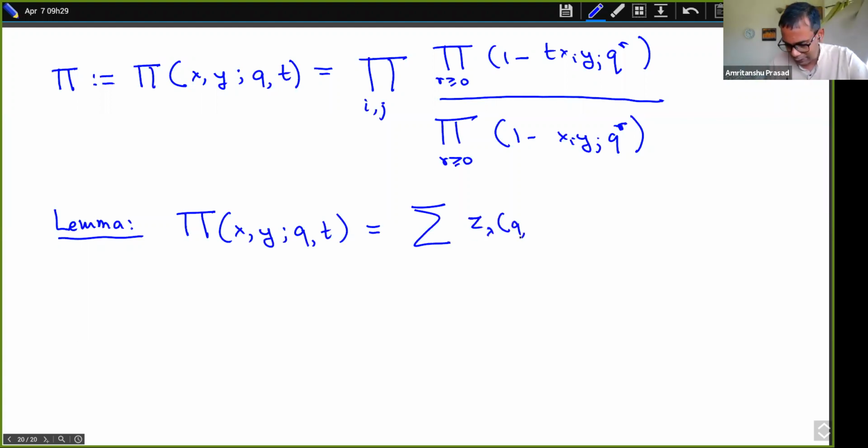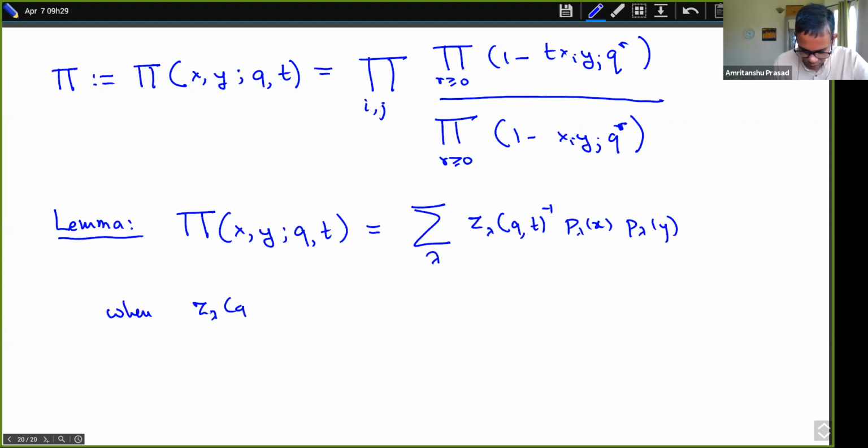is equal to, and now this is the deformed inner product thingy, z lambda. Earlier we just had z lambda, now we have this deformed thing called z lambda qt, times p lambda x, p lambda y. So this is the deformation of the power sum form of the Cauchy identity over all lambda, where z lambda qt is defined to be z lambda times the product over i from 1 to l of lambda, of 1 minus q raised to lambda i divided by 1 minus t raised to lambda i.